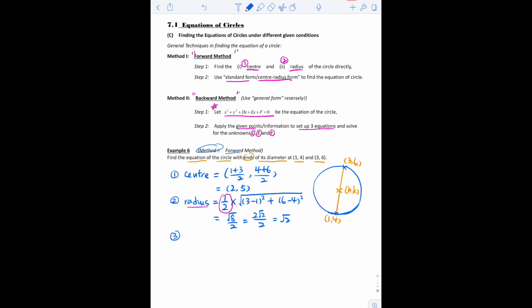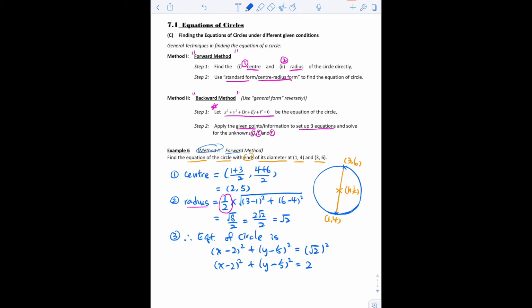So finally, you can write down the equation of the circle: (x minus 2) whole squared plus (y minus 5) whole squared equals (root 2) whole squared. And then you can take this as the final answer, or you can further rewrite it in general form.